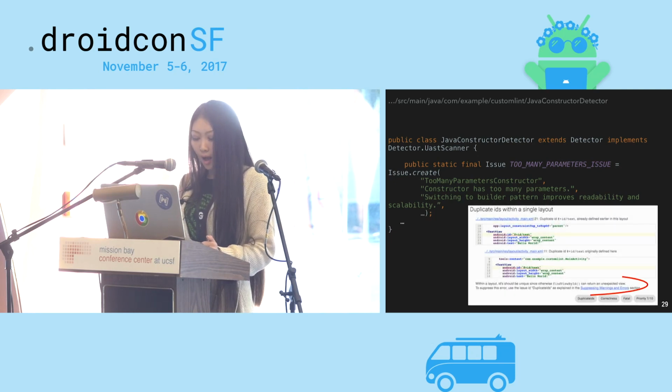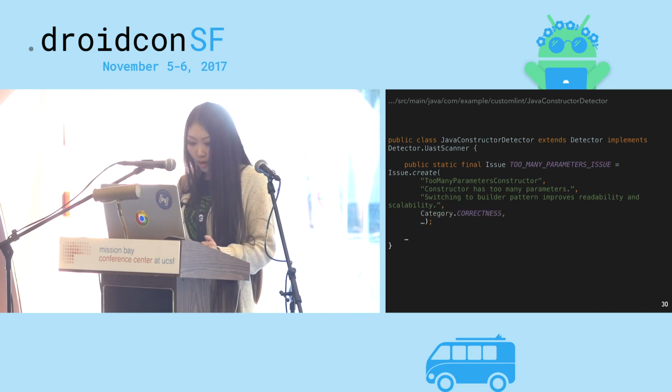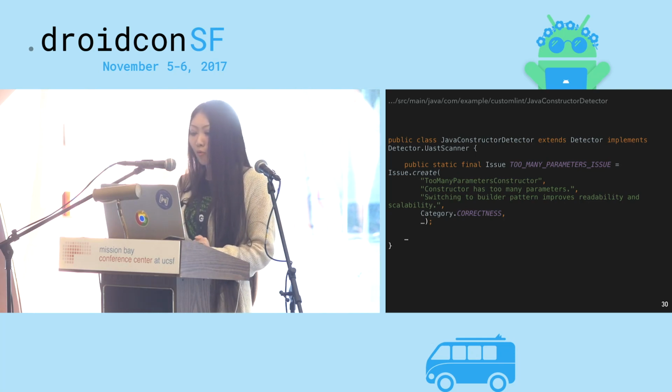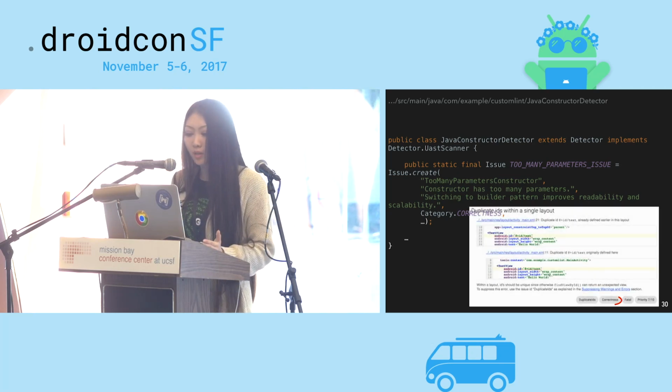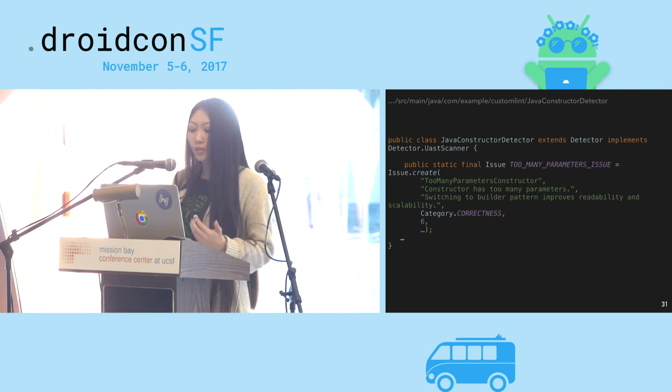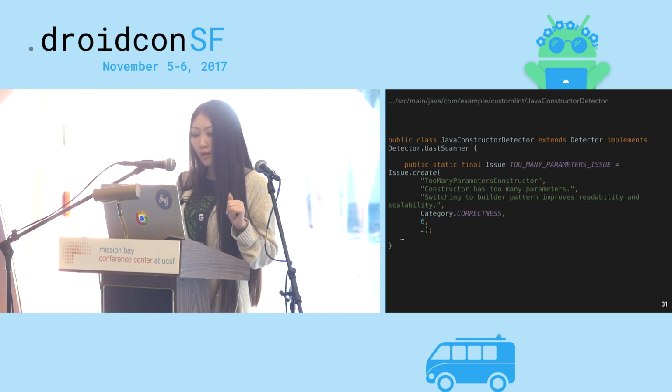And then there's the category. There are many predefined categories such as performance, correctness, security, etc. I use correctness here, but you can also create your own. Next is the priority. This is the importance of the issue on a scale of 1 to 10. I use 6 here. As you'll see later, it matches the severity.